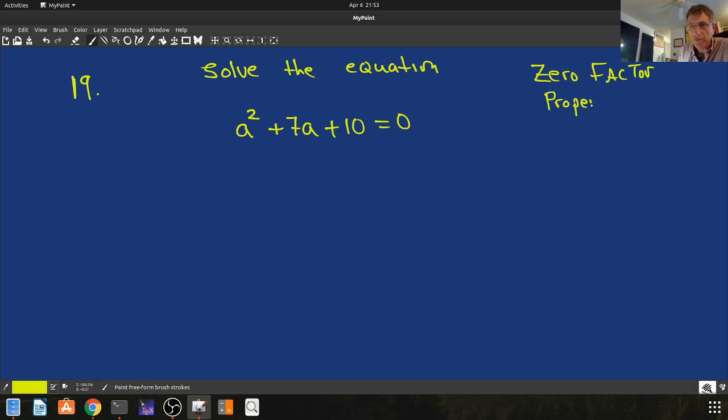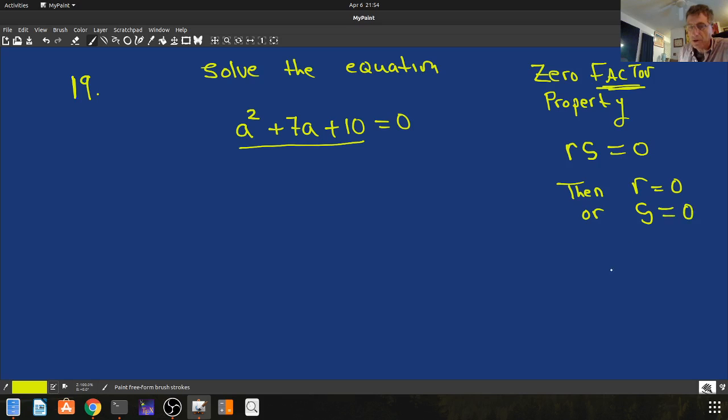So that term factor right there tells me that we're going to have to factor this. That says if you have two numbers like r and s, and I multiply them together and I get 0, then r is equal to 0 or s is equal to 0.